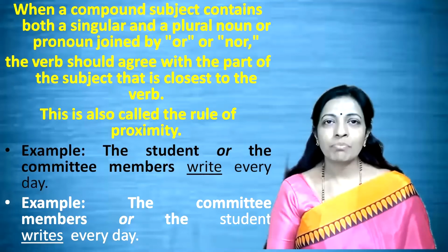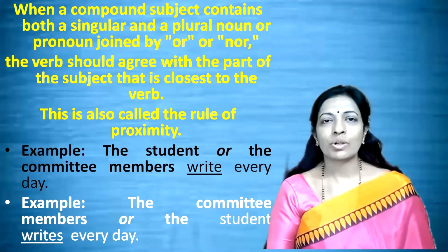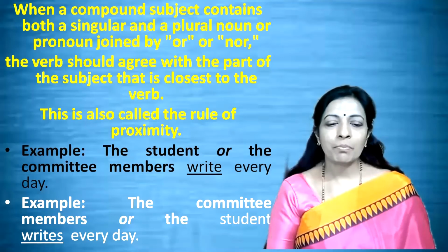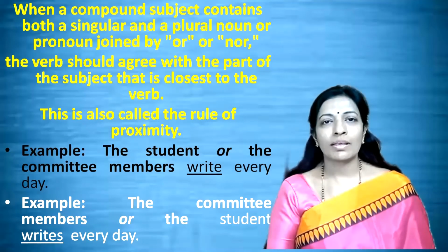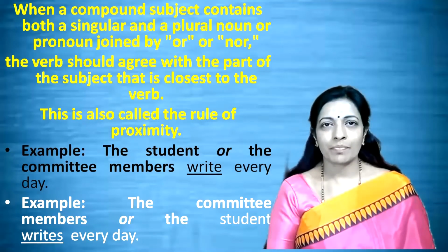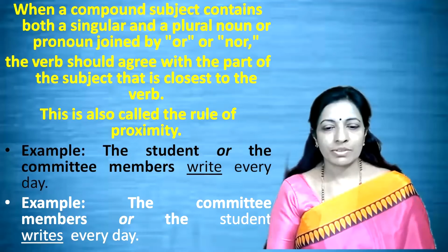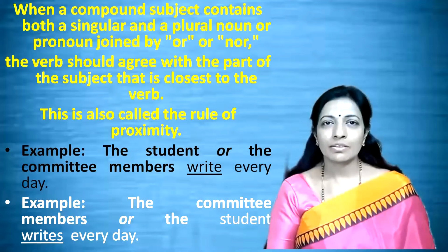Therefore, the verb which we use will also be plural and it does not end with s or es. In the next example, the committee members or the student writes every day. Here again, the subject consists of two nouns, the committee members and the student.